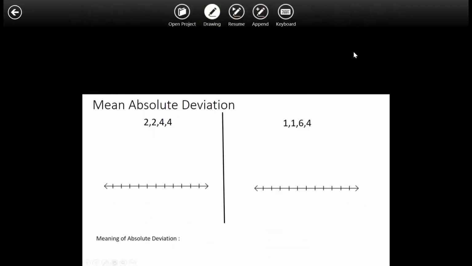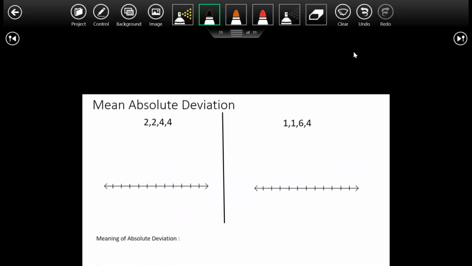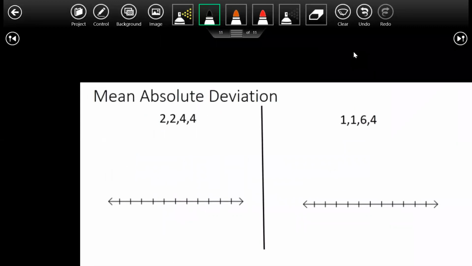Here we go. Let's make sense of this. We already have them somewhat in order, and it's okay if they're not in order for this, but what's the first thing that we can find out? The first thing it tells us to do, step number one, is find the mean. So let's find the mean of our number points.